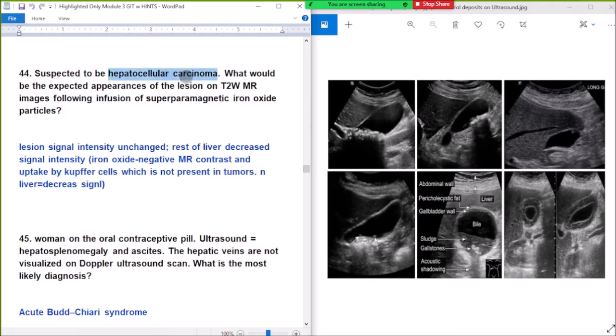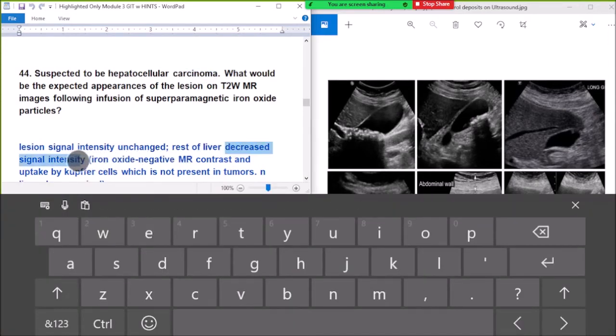The carcinoma cannot take up the MR contrast because it has no Kupffer cells. So the cancer has unchanged signal intensity and the rest of the liver shows decreased signal intensity.